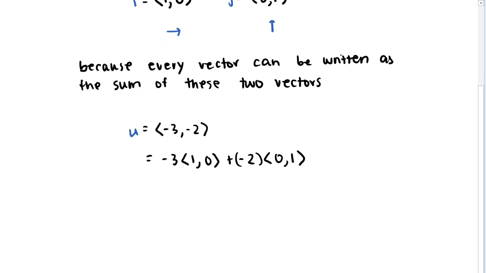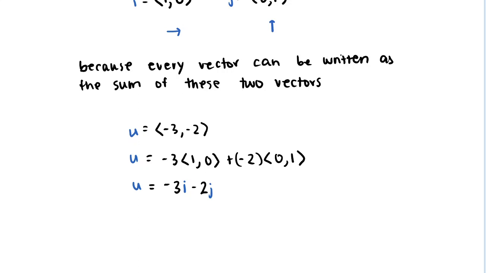What this is really saying is that my vector u can be rewritten as -3 sets of the vector i added on with -2 sets of the vector j. So this is another form you'll see vectors in, in terms of these two special vectors i and j. This is quite a common way to write vectors, and it's equivalent to the way we've been describing earlier.